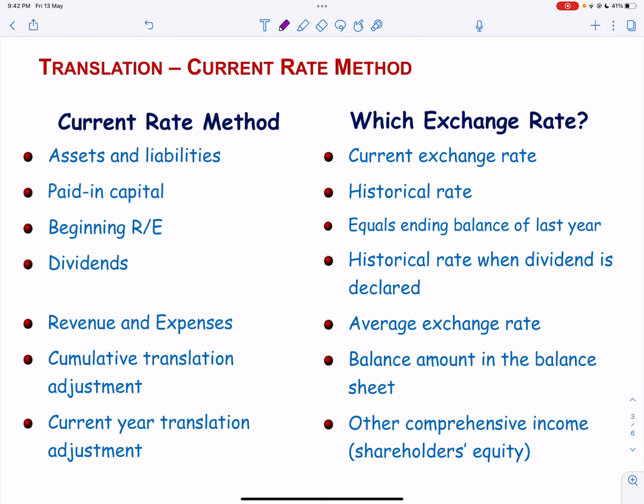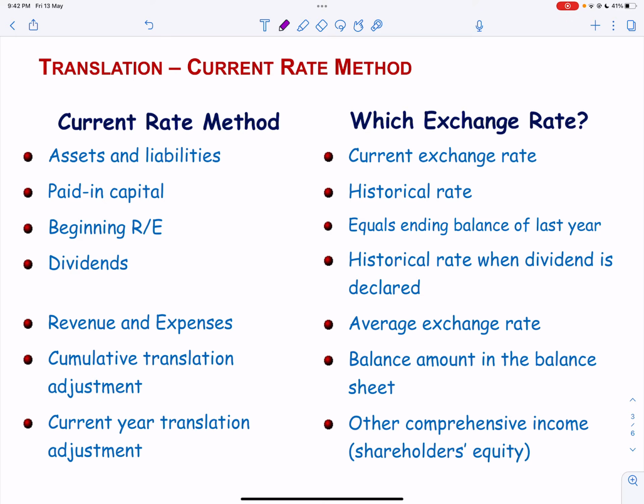Beginning retained earnings is translated by applying the ending balance of the prior year. Dividend is translated by applying the historical rate when dividend is declared. Revenues and expenses are translated by applying the average exchange rate because sales take place throughout the year.